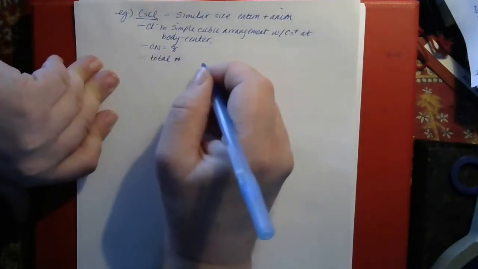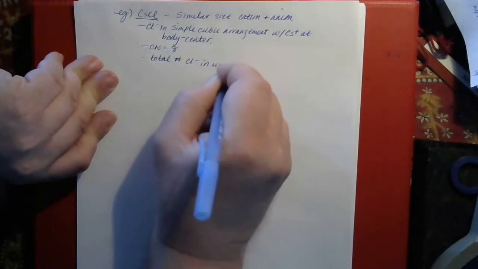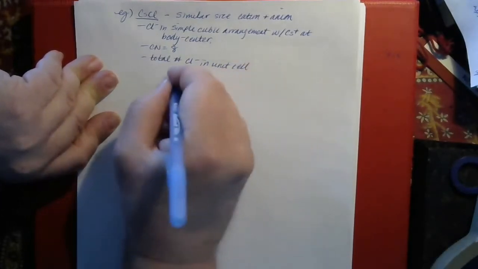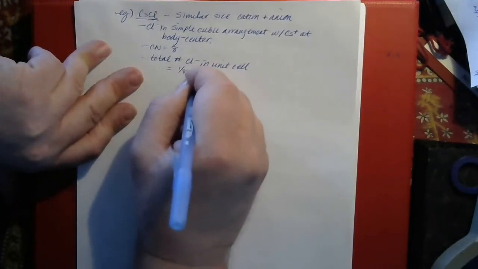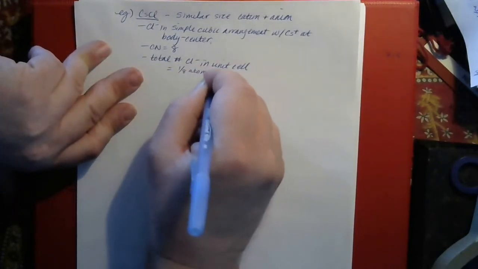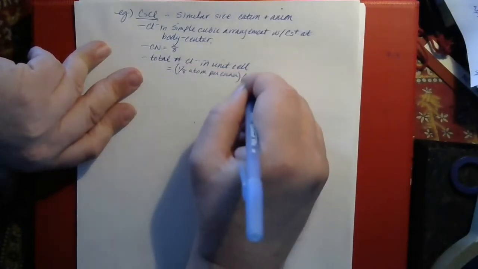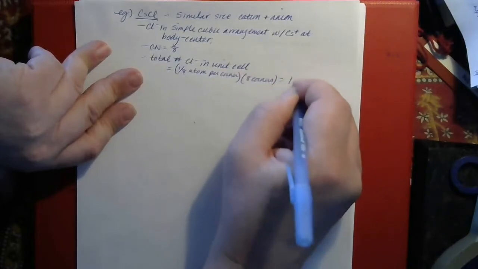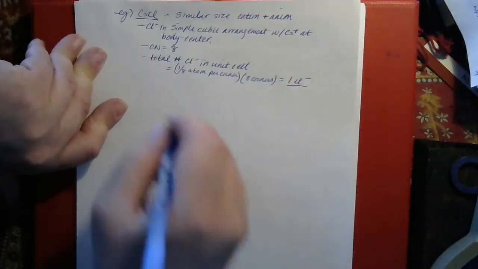And if you look at the total number of chloride ions inside a unit cell for this compound, it's going to be 1/8 of an atom per corner. And it's a cubic unit cell, so there are 8 corners. And that means that there's 1 chloride ion in each unit cell.